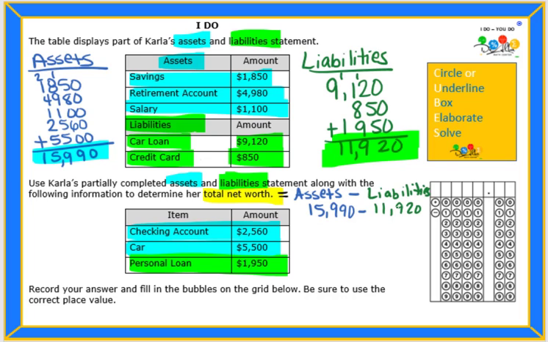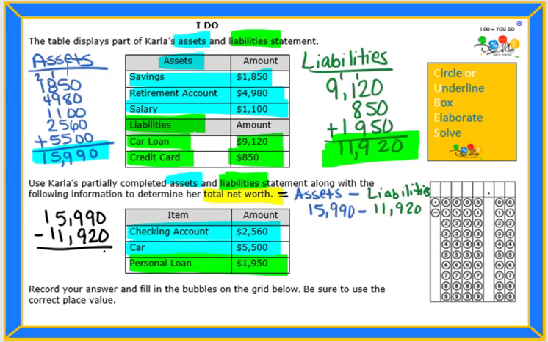I'm going to do that right here. 15,990 was the total of her assets, everything that she has that is a positive value, minus her payments that she has to give to others, money that she has to pay back, that's going to be negative to her cash value.